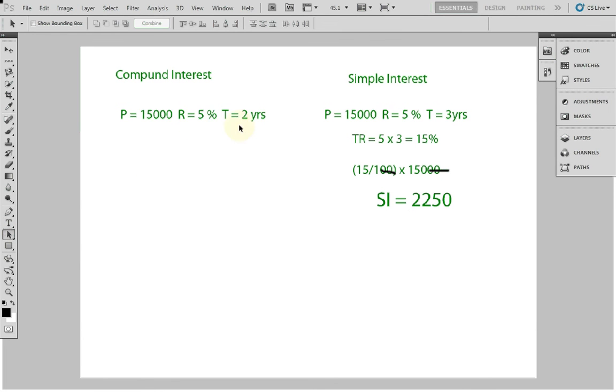For 2 years, the rate of interest equals r percent plus r plus r into r by 100.